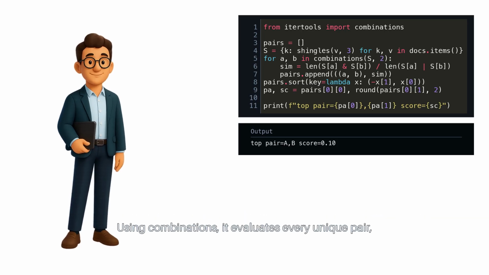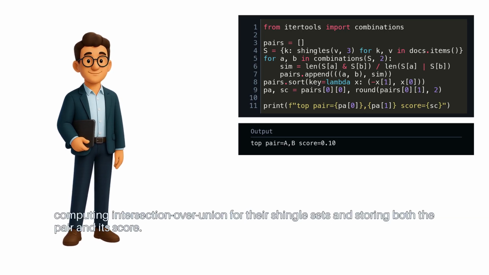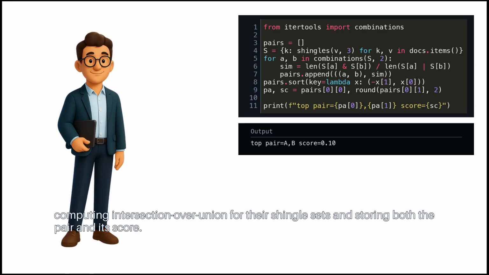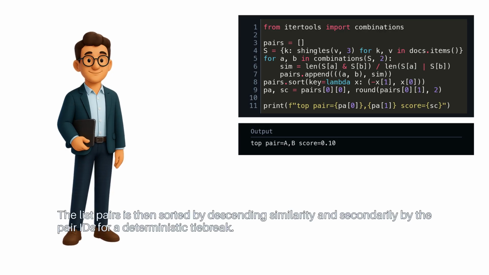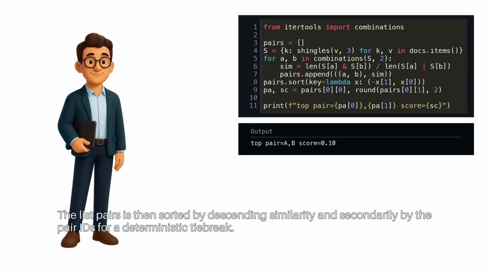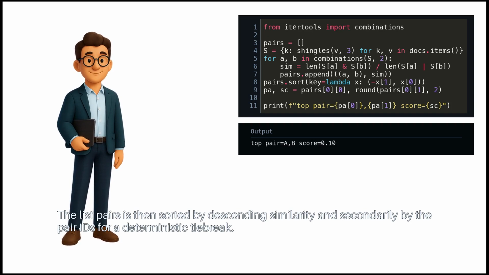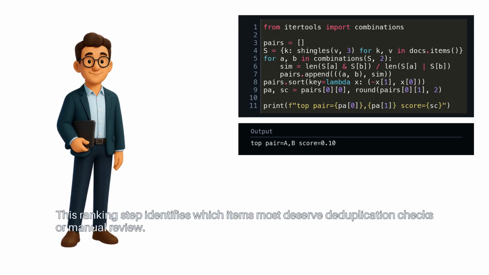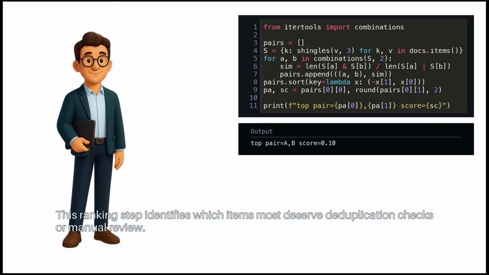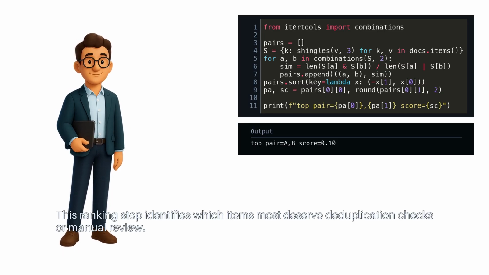Using combinations, it evaluates every unique pair, computing intersection over union for their shingle sets and storing both the pair and its score. The list pairs is then sorted by descending similarity and secondarily by the pair IDs for a deterministic tiebreak. Finally, it extracts the best match and prints the pair and rounded score. This ranking step identifies which items most deserve deduplication checks or manual review.